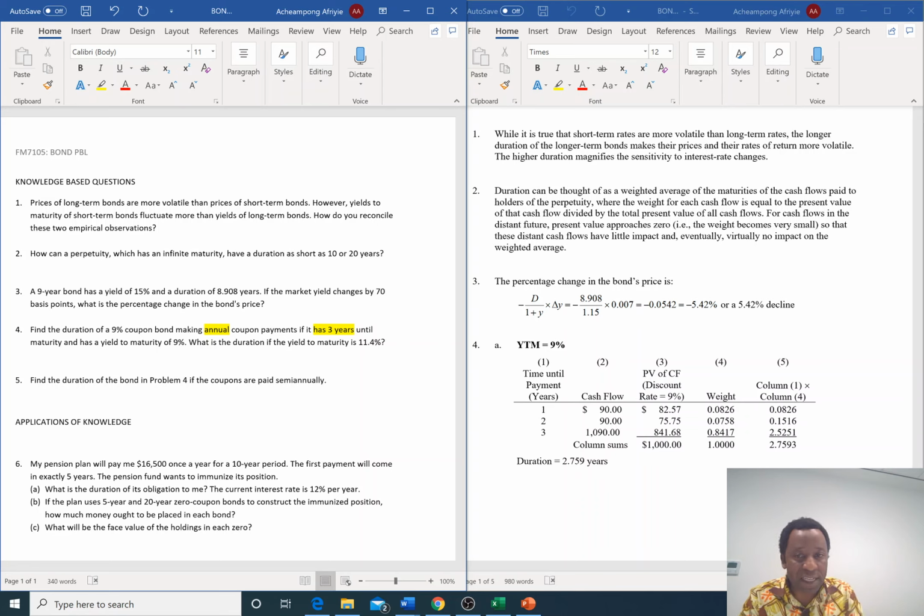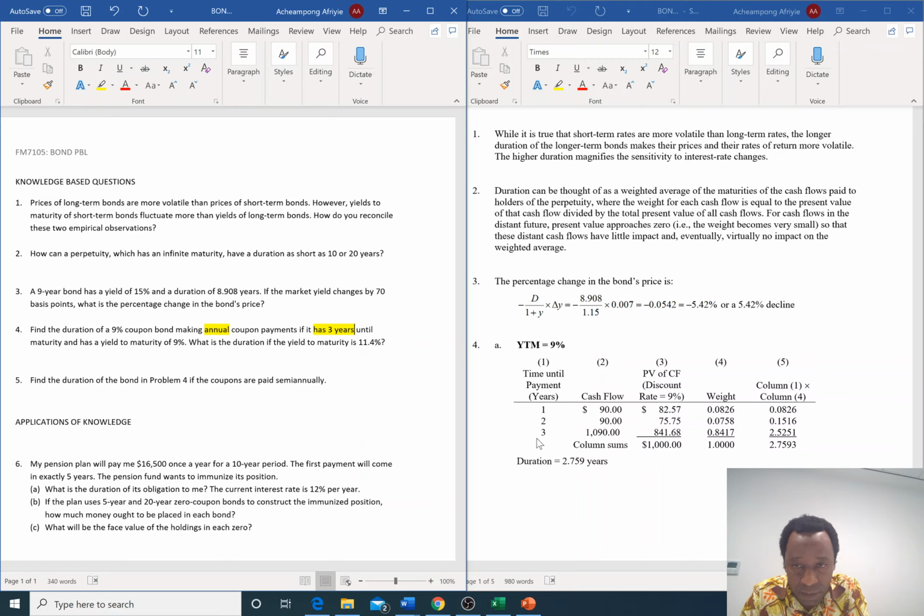If we didn't have the calculator, then this is what we would have to do. Like you saw in my Excel sheet, pick the time, state the cash flows, calculate the present value of each of these cash flows, add them up, and then do the time weighting, multiply that by the cash flow.